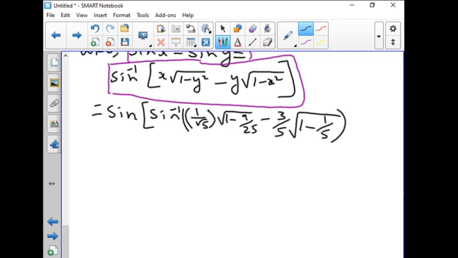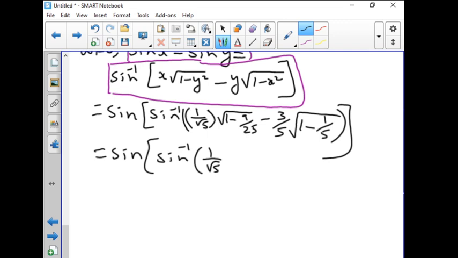Okay. So simplify this. So it is equal to sin inverse of 1 by root 5 into, what do you get here when you take LCM. So taking LCM, 25 minus 9 gives you 16. So 16 by 25. Okay. So root of 1 minus 9 by 25, that is 25 minus 9 by 25.